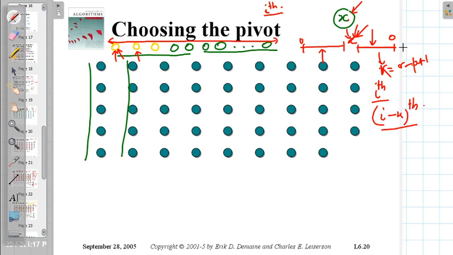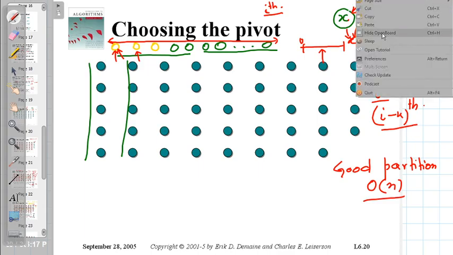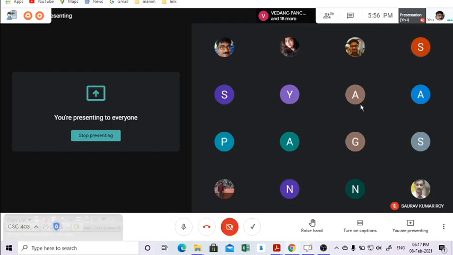Now in the next class we will see that if I find the pivot by following the method of groups of 5, extracting the median and then finding the median of medians, then we will have a good partition, which will result in an order of n time algorithm. So that analysis we will see in the next class. Now if you have any question, you can ask me.